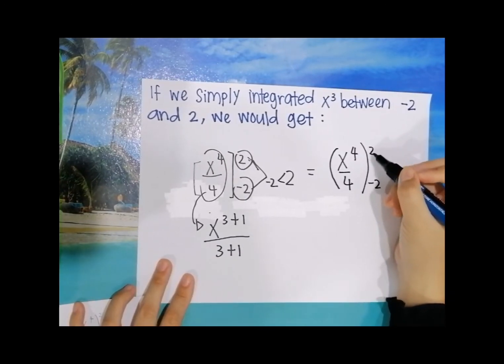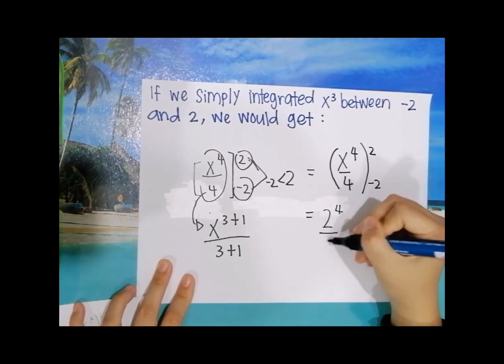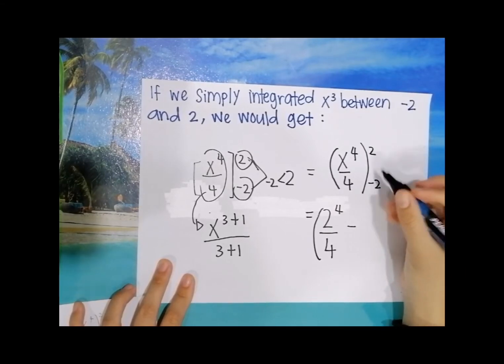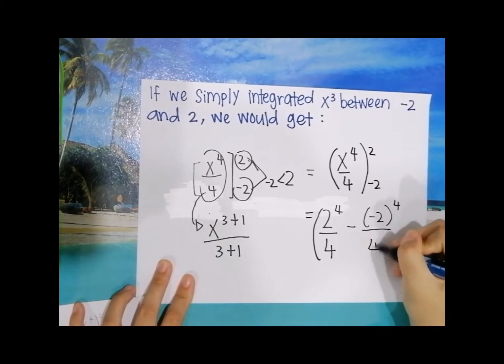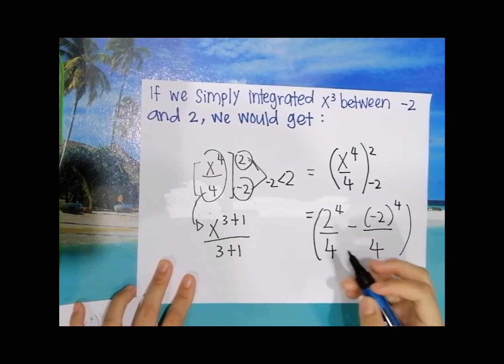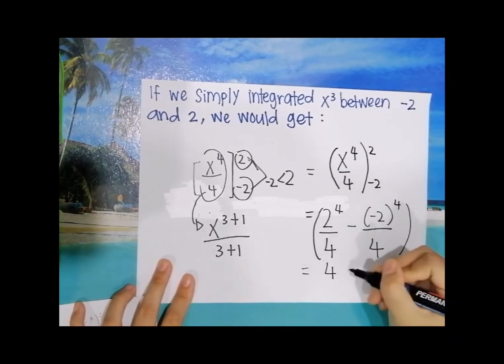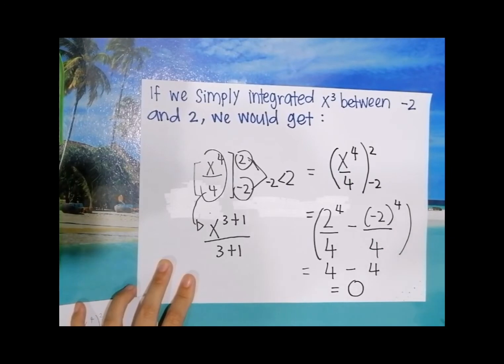We put 2 into x, which is 2 to the power of 4 over 4. Then minus, put -2 into x, which is -2 to the power of 4 over 4. Then when we simplify this one, we will get 4 minus 4.